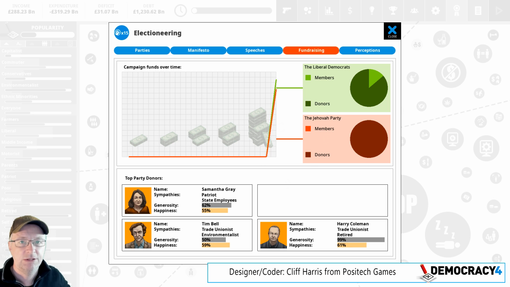In Democracy 3 and all the earlier ones, there is a threshold. If you have a certain level of sympathy with a political party because they're doing exactly what you want, for example, if the player's party is really very popular, a lot of people will be happy with you, and you will go above a certain threshold.